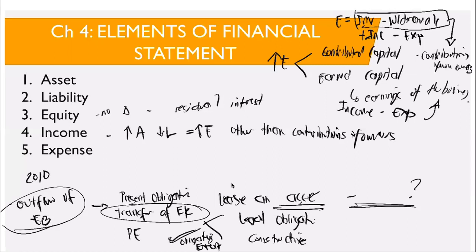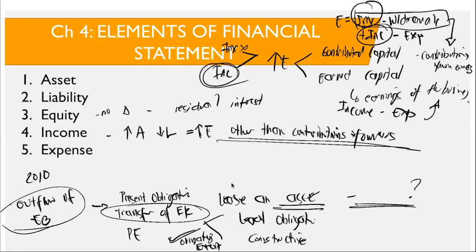When can we say it is an income? If that comes from your earned. The increase in your equity must be other than contributions of owners. Why? Because an increase in equity is either investment or income. So if it is not an investment, it means it is an income.